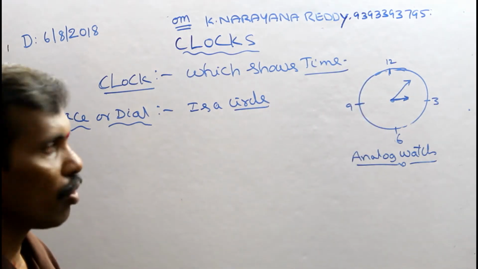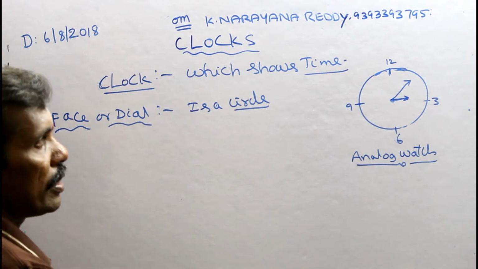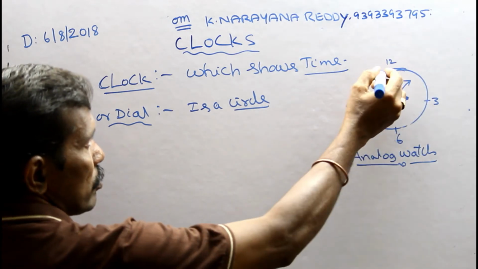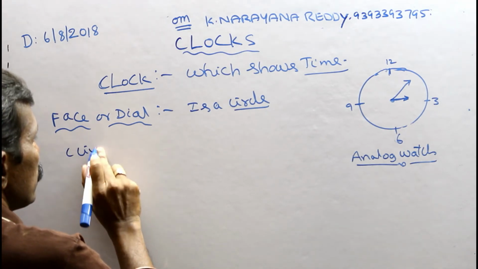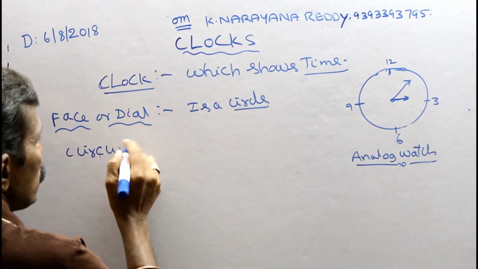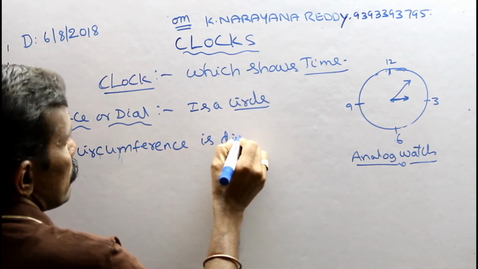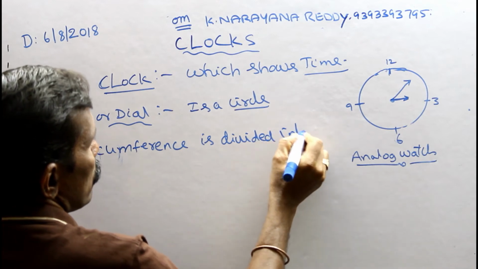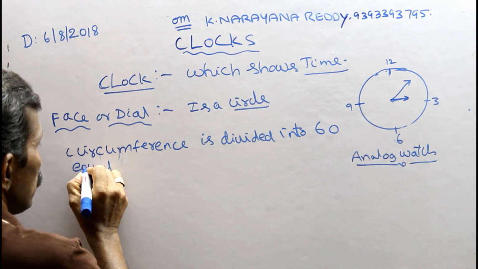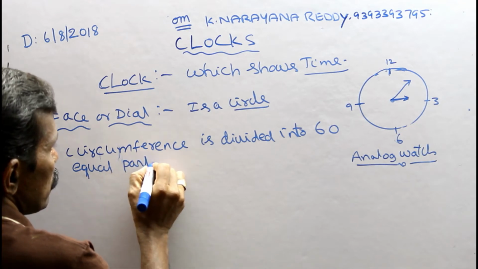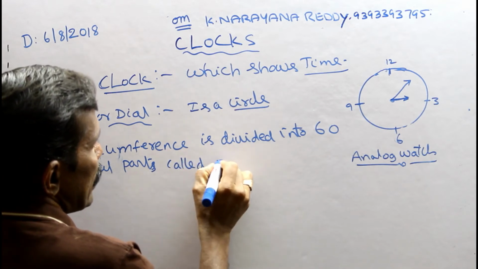In the circle, the circumference is divided into 60 equal parts, called minutes.